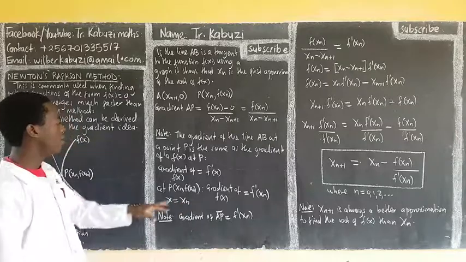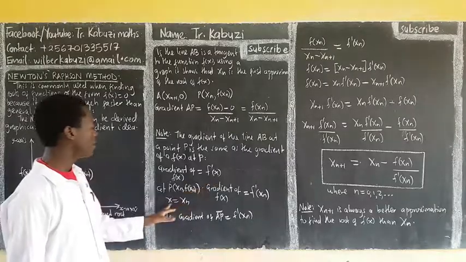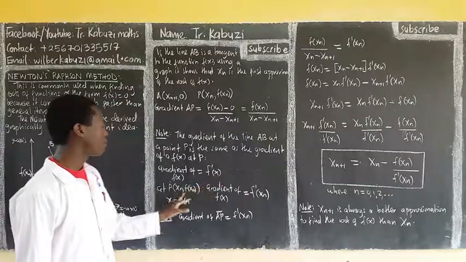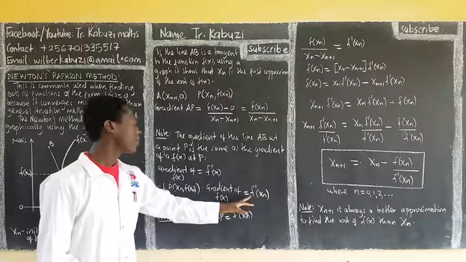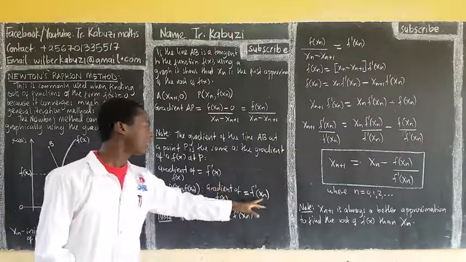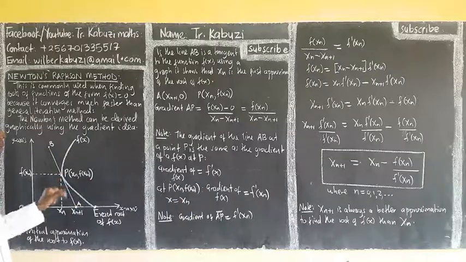So when we get its derivative, we substitute the x value at this point P, and we put xn at this point.